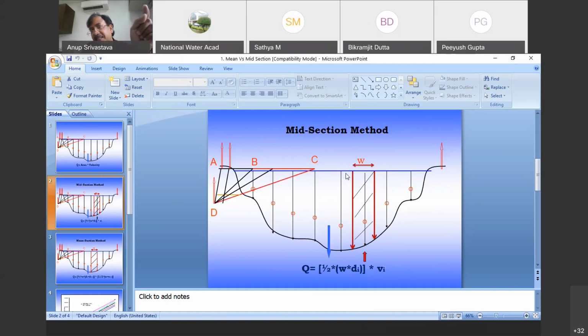This is the total width between this vertical and this vertical. So this is 2W, and half of that will give you the W. But here in midsection, what we are doing is taking the half distance on this side towards this vertical.